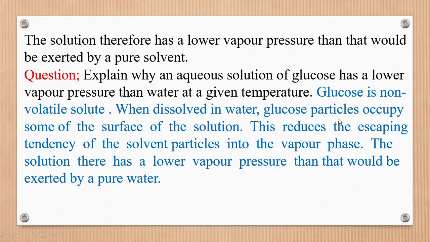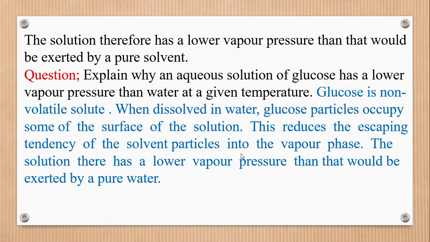Even if heat is applied, water does not easily evaporate because the surface of the water has been covered by the glucose. Then for pure water, there is nothing that hinders it from escaping into the vapor phase, so when temperature is applied, water can easily evaporate because it is pure and there is nothing that stops it from evaporating.